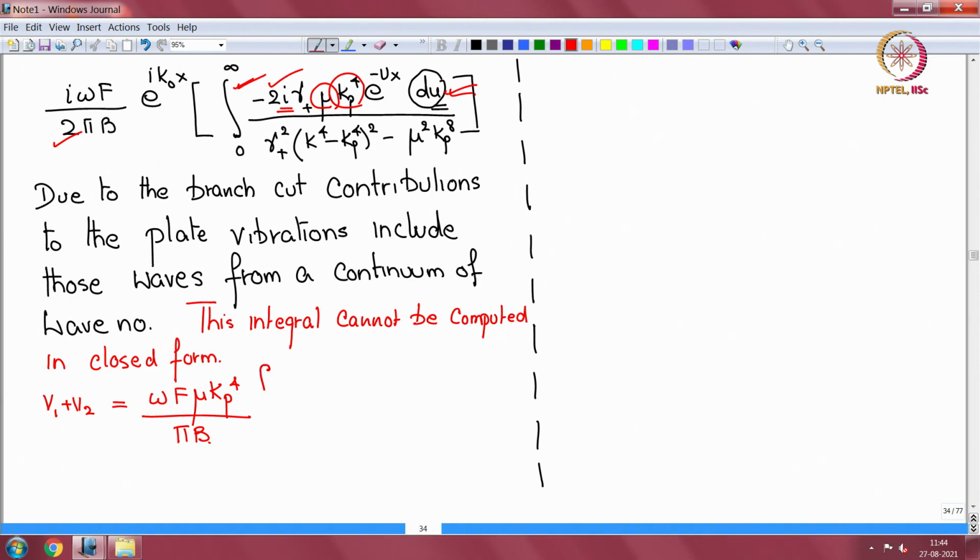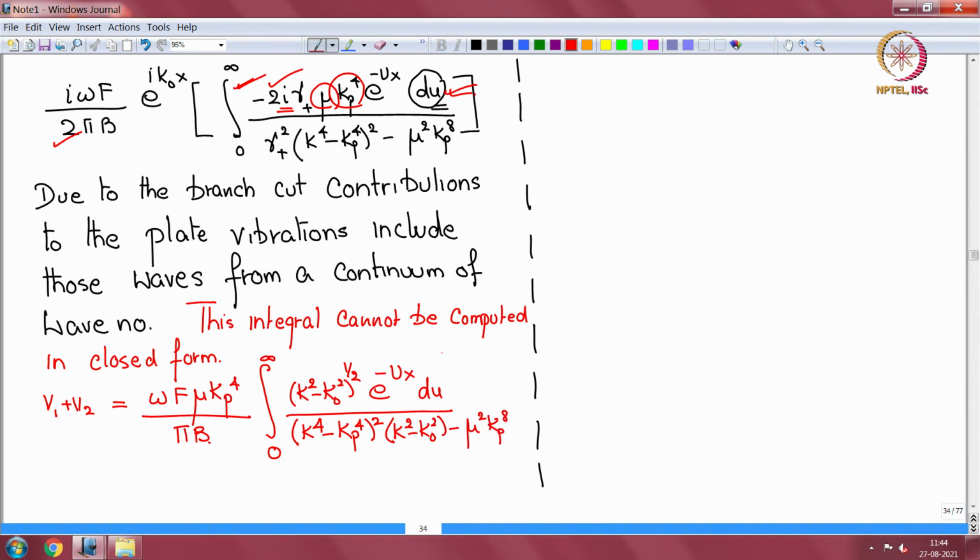Then the integral from 0 to infinity of gamma plus, which is k squared minus k0 squared to the power half, e to the power minus ux du, divided by k fourth minus Kp fourth whole squared into k squared minus k0 squared minus mu squared Kp8.